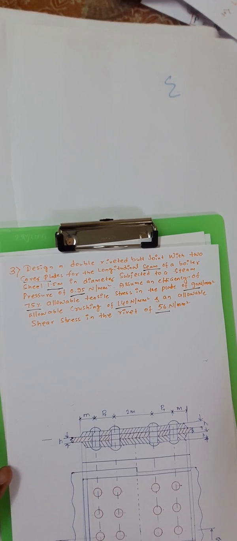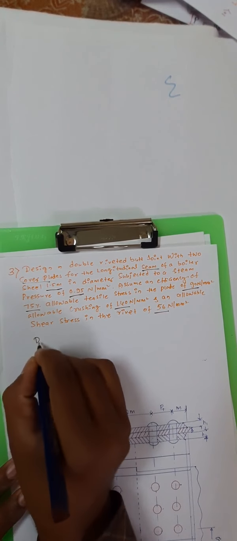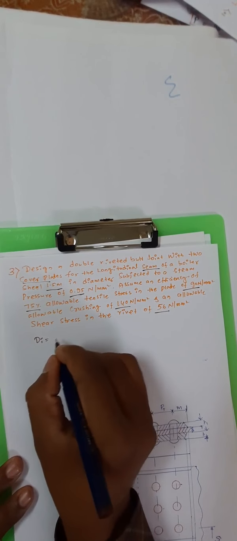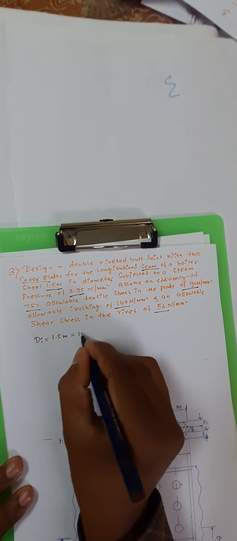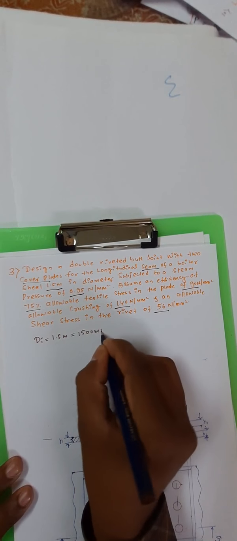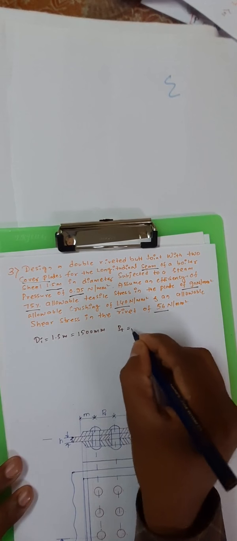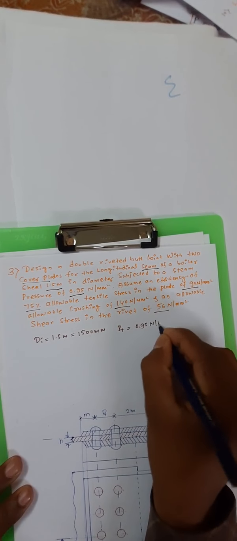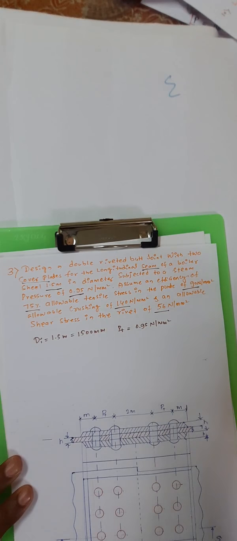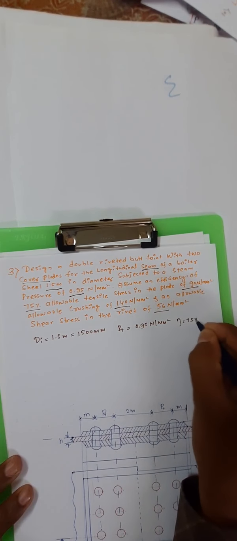Now you can see here, Di is equal to 1.5 meter, that is equal to 1500 mm, and the pressure is 0.95 Newton per mm square, and the efficiency is equal to 75%.